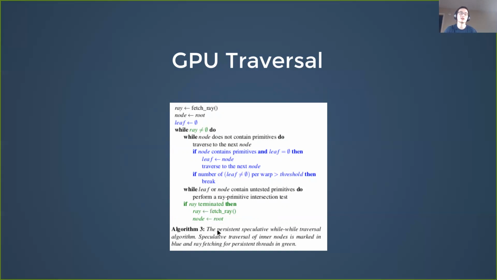This algorithm is called persistent speculative while, which performs some other optimizations in the inner loop. As we said before, we have two different while loops, one for the interior nodes and another for the primitives.